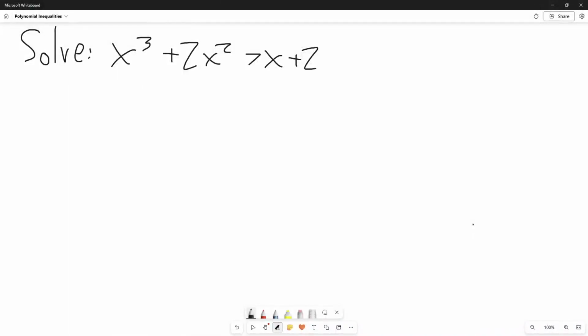And now let's do a practice problem. If you think you can do this one, then pause the video and try it. This problem says to solve the inequality x cubed plus 2x squared is greater than x plus 2. And this is a cubic function, so it's going to be a little hard to factorize. You might need to use some tricks.